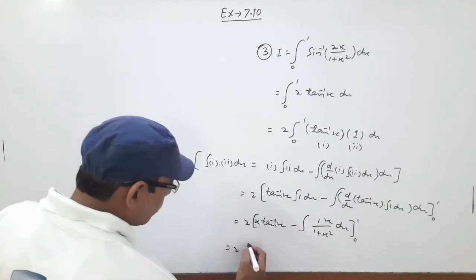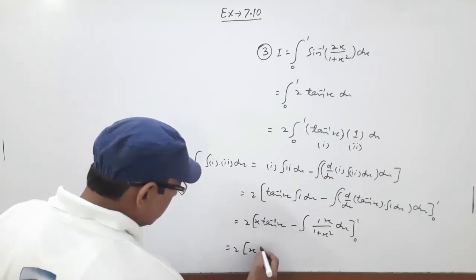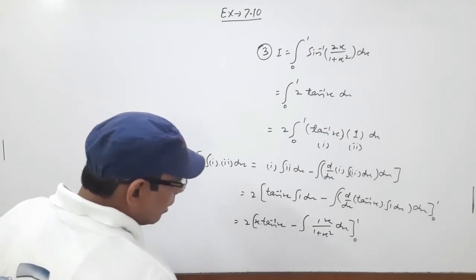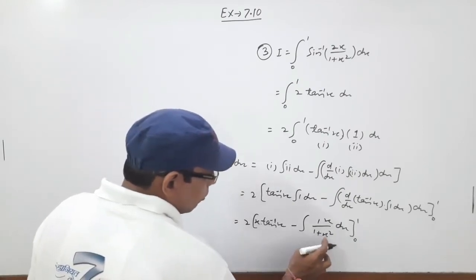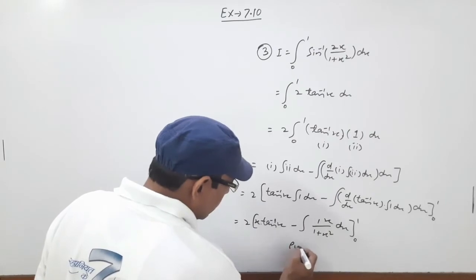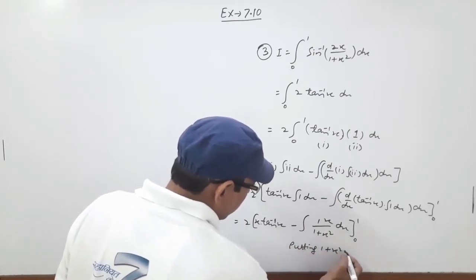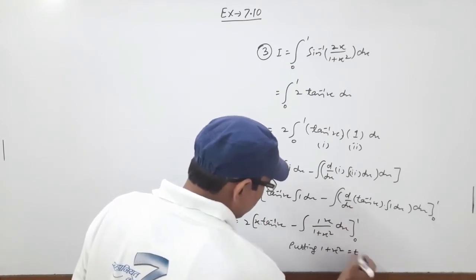Now 2, x. Look, here we can put 1 plus x square equal to t. Putting 1 plus x square equal to t.